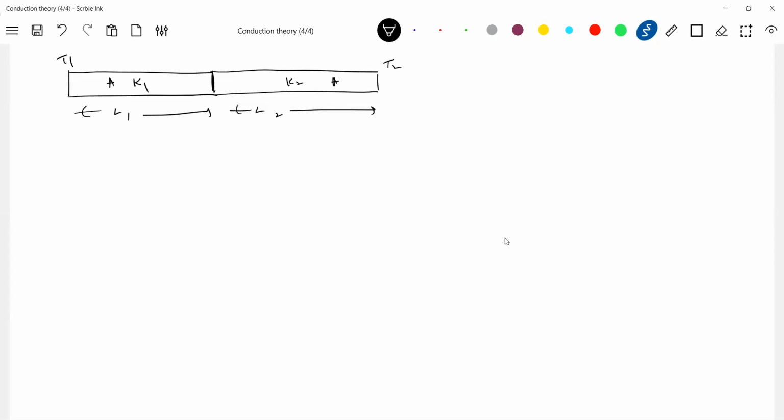I want the temperature of the junction. Okay, all of you, junction means the boundary. Find the temperature of the junction.